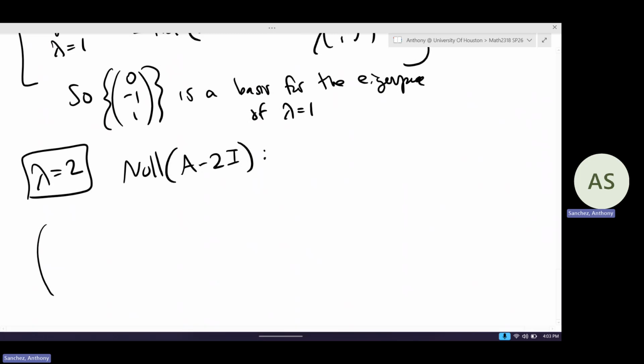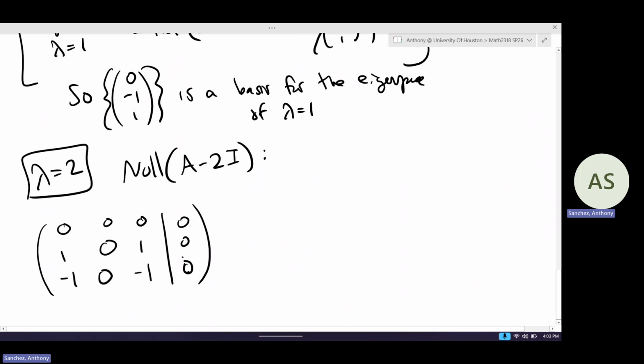The non-diagonal entries of A are 1, negative 1, 0, 0, 0, 1. The diagonal entries are 2, 2, and 1. So when I subtract 2 from this, I get 0. When I subtract 2 from this, I get 0. And when I subtract 2 from this, I get negative 1. It's a good idea to augment the 0 solution.